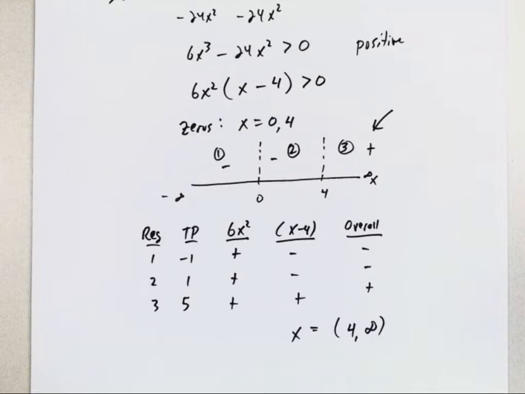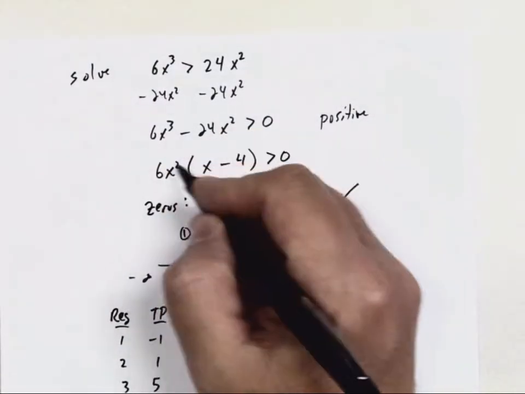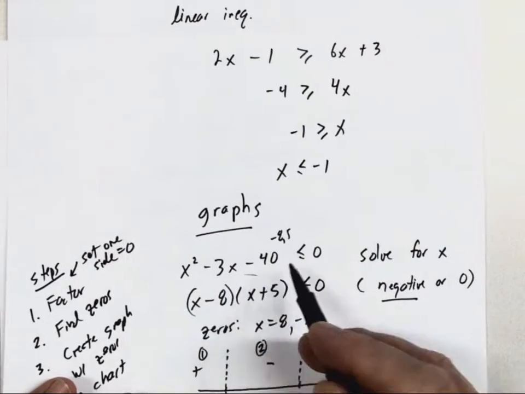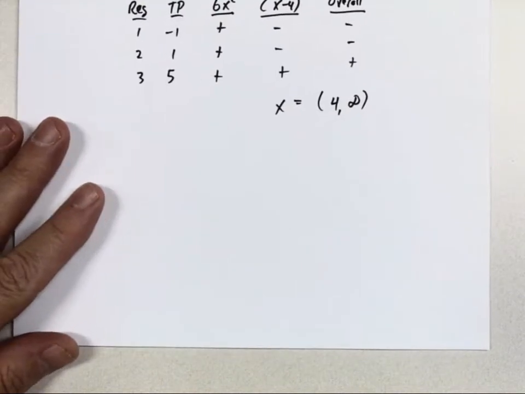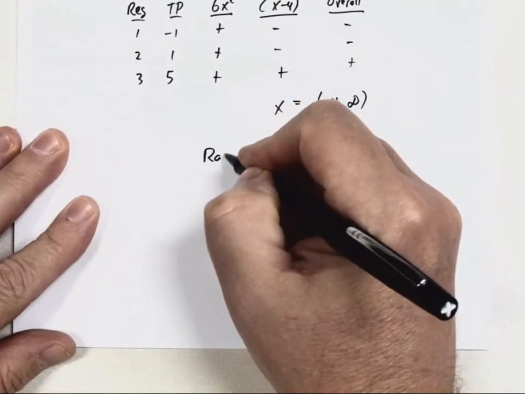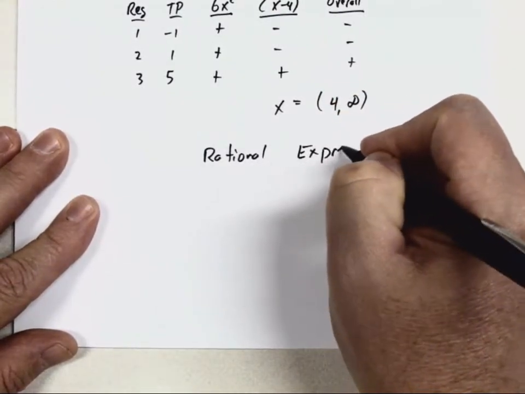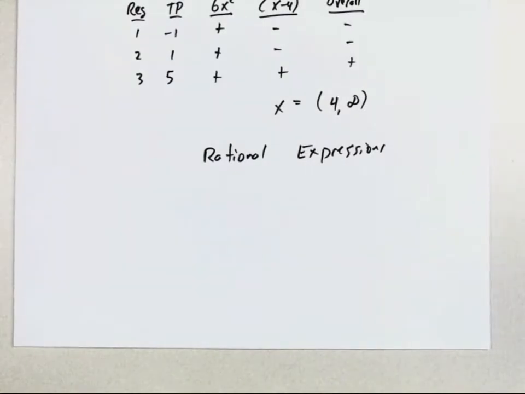All right. So now, let's go to another type of inequality. Except instead of polynomials, like these first two examples, now we're going to start looking at solving inequalities with rational expressions.